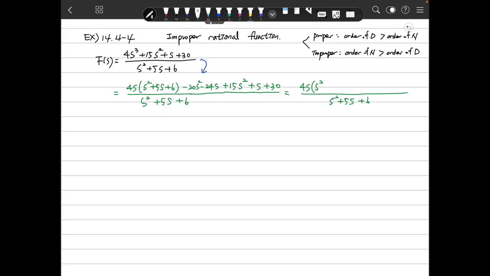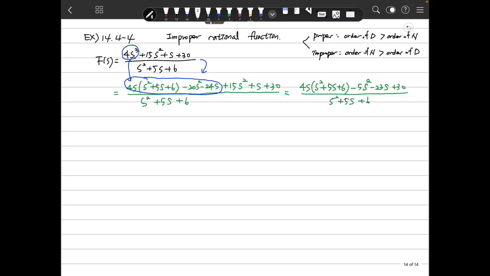The first term is 4s, and 4s times s squared plus 5s plus 6 gives 4s cubed plus 20s squared plus 24s. Subtracting, we get minus 5s squared minus 23s plus 3. That's it. The remainder is still improper.